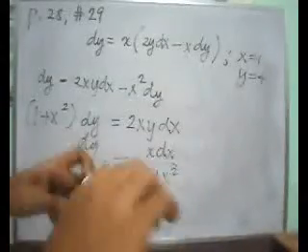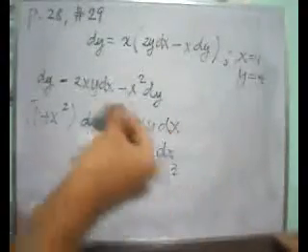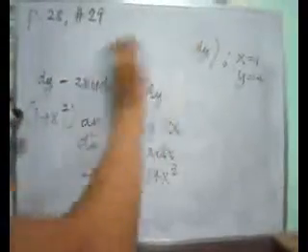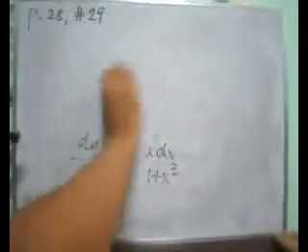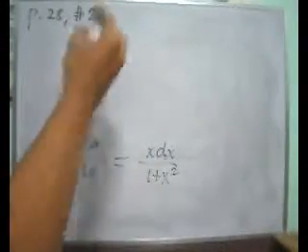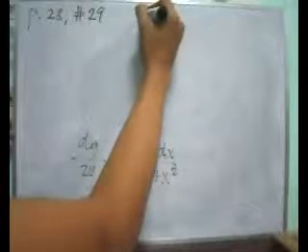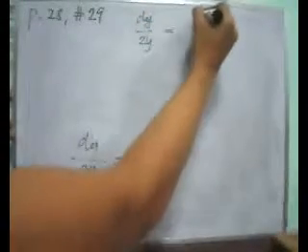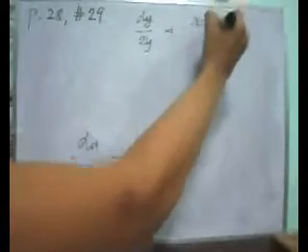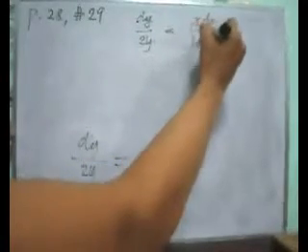Okay, let's clear this first. When we integrate both sides, dy over 2y equals x dx over 1 plus x squared.